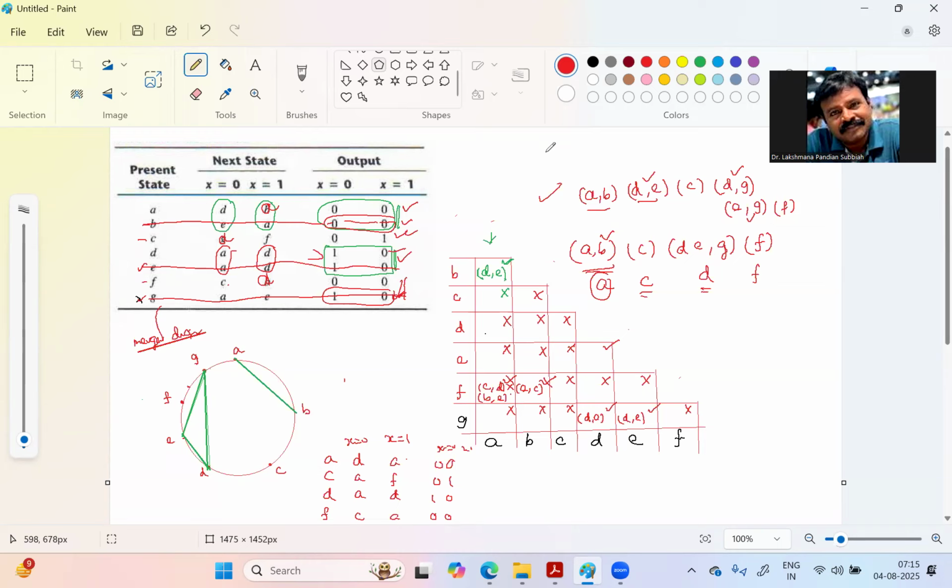For C, it is 0, 1. For D, it is 1, 0. For F, it is 0, 0. Here we have D and C, so D and C are different states. So we cannot merge A and F even though they have the same output, because D and C are different states. So this is the reduced table for this example.